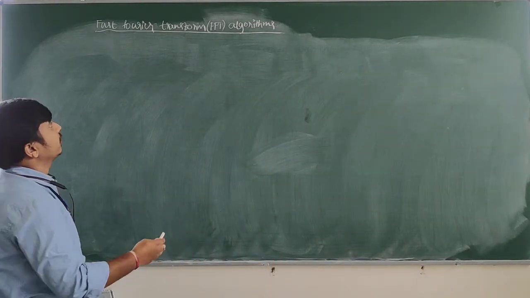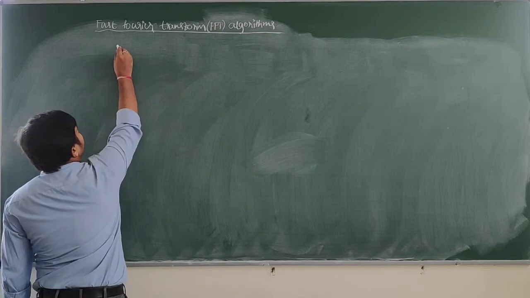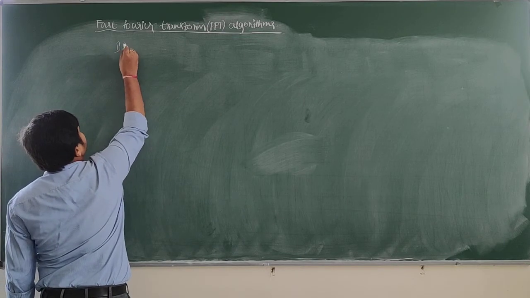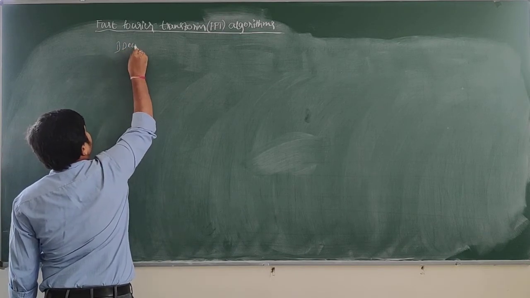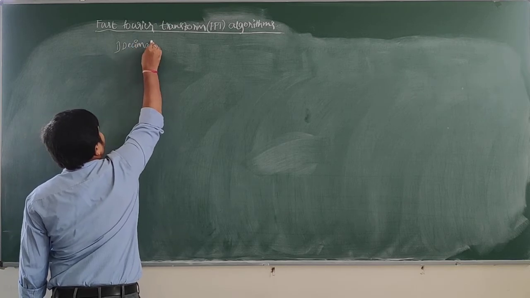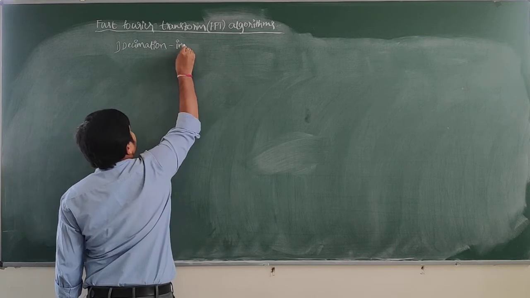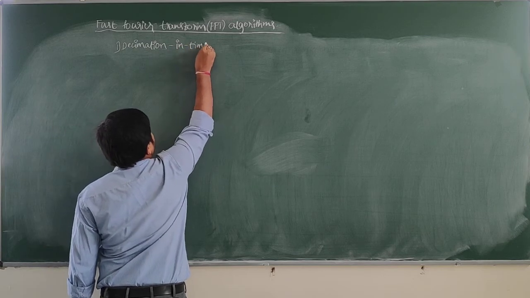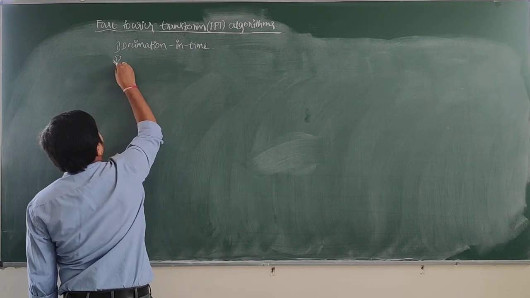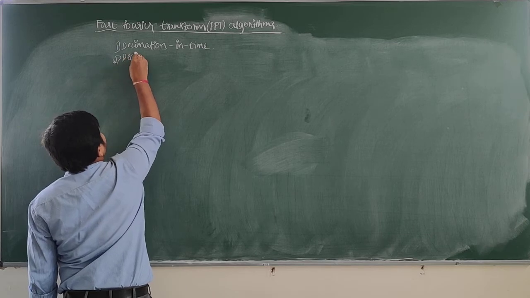There are two algorithms in the fast Fourier transform: decimation in time and decimation in frequency.